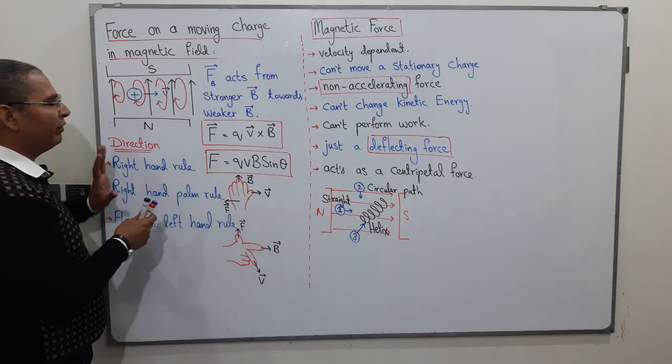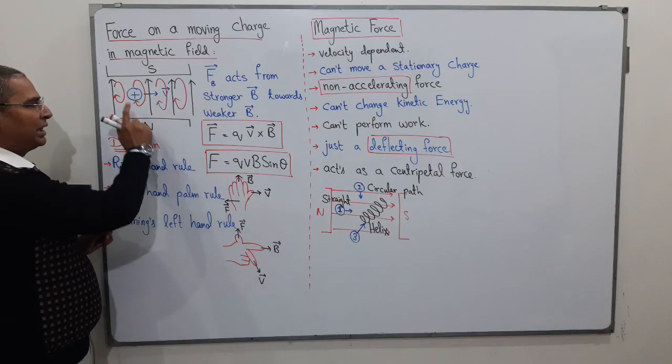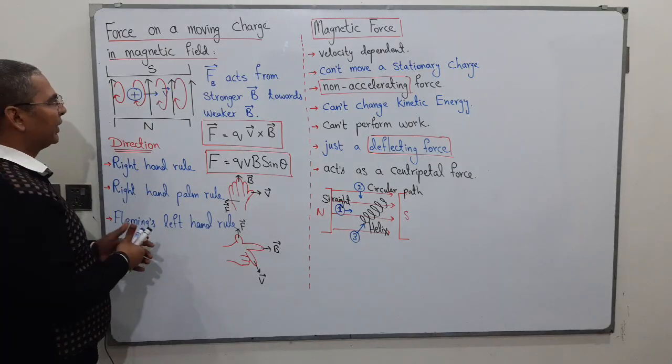Now these two magnetic fields will interact. This red magnetic field is produced by the moving charge. This black magnetic field is the external applied magnetic field.